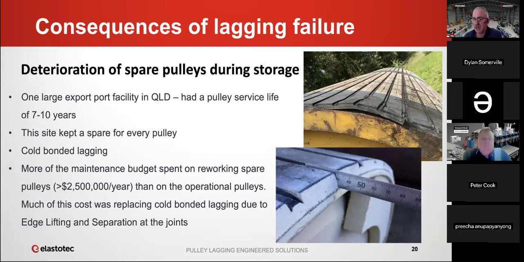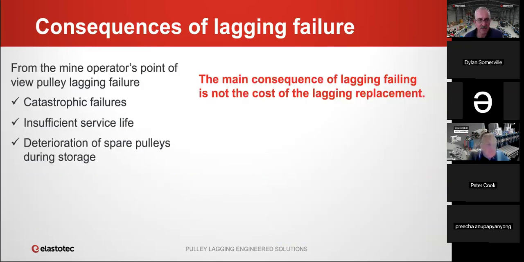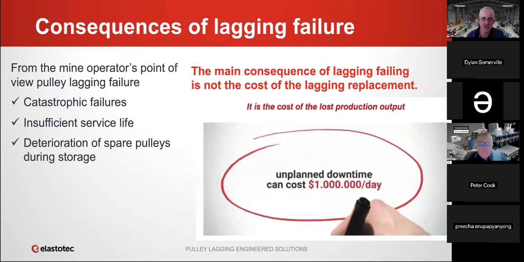So I want to have a quick look at the consequences. What happens when lagging fails? The main consequence of lagging failure is not the cost to replace it. It's actually the cost of the lost downtime, of the lost production time.